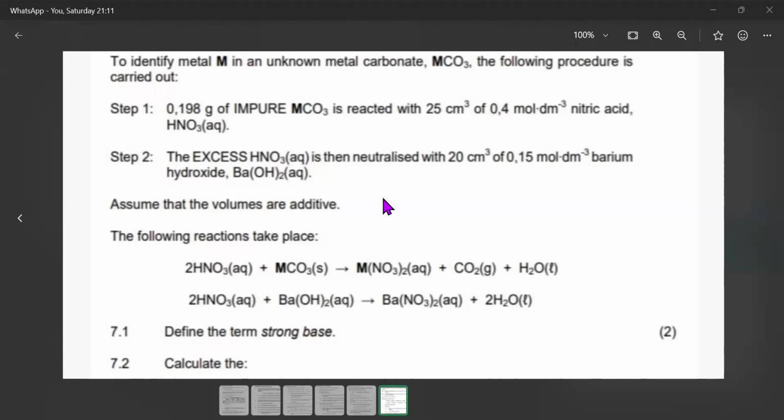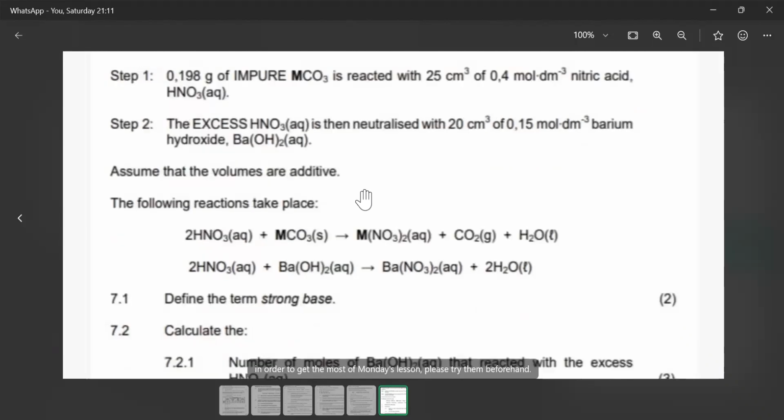The reason why we say it's back titration is because you now have to go to the second reaction and then move backwards in order to find information about the one in the first reaction. So we are moving backwards, actually. Right. Well, the 2 reactions are already balanced for us, so it's all good.